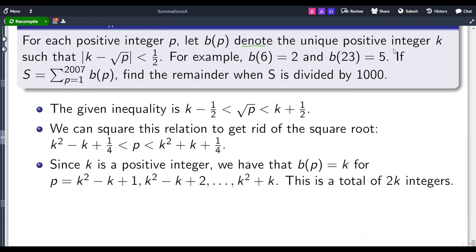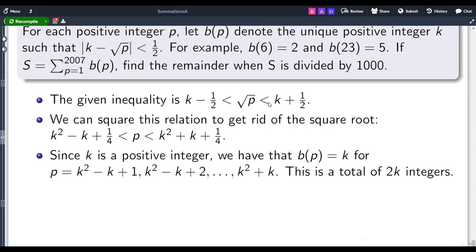And so now that we've determined this, we can try to work on computing the sum. First we try to find what the maximum value is. So let's try to look at b of 2007.